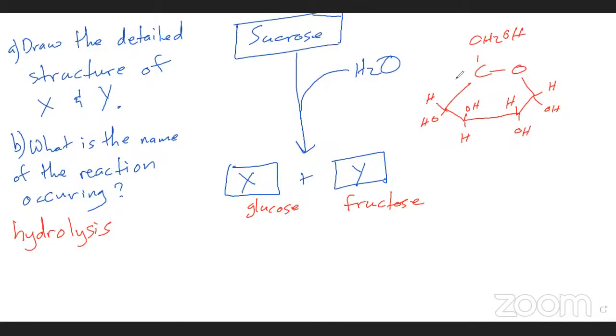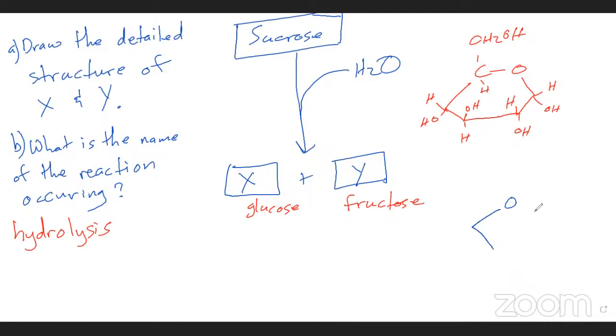That's it for glucose here. No, there's an H in here. Fructose is the one that has the five-sided ring. So oxygen in the middle.